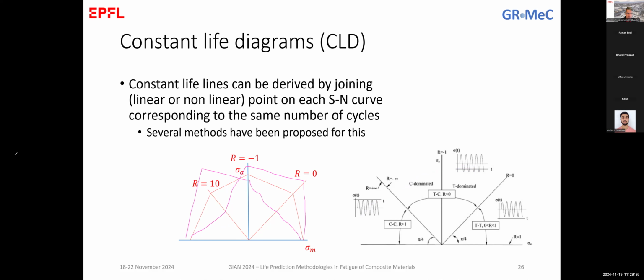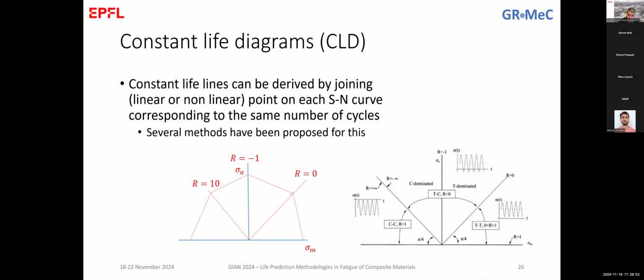So you see very easily, if you plot all the results on the S_m and S_alpha, so stress, mean stress and amplitude plane, you can have a very easy visualization of the performance of the material.